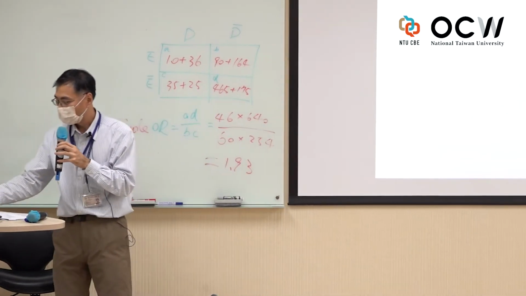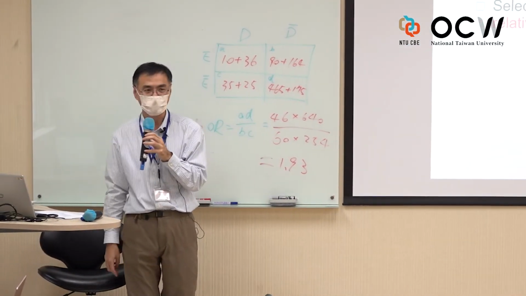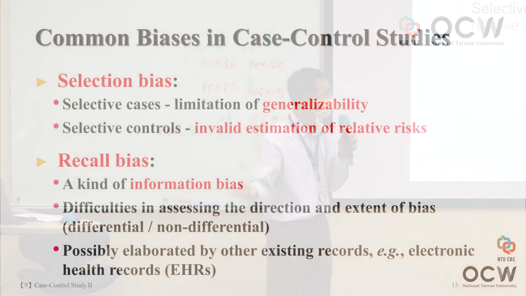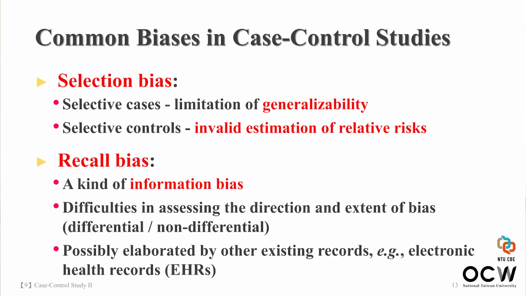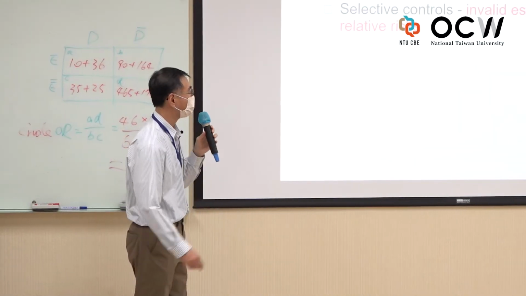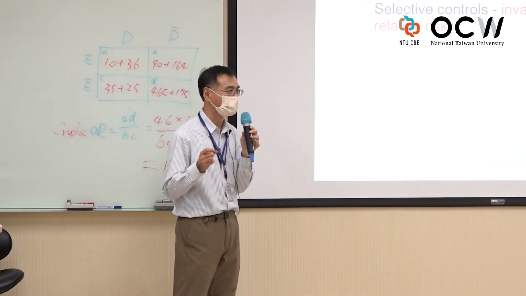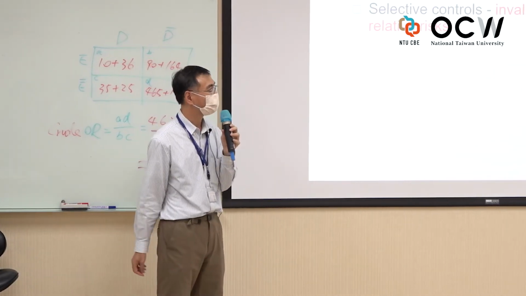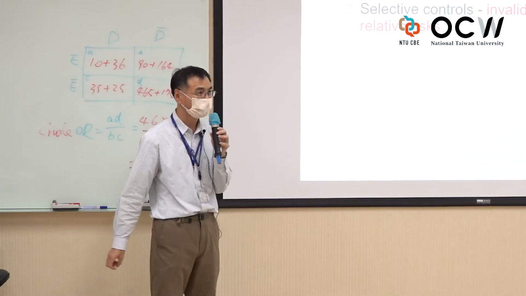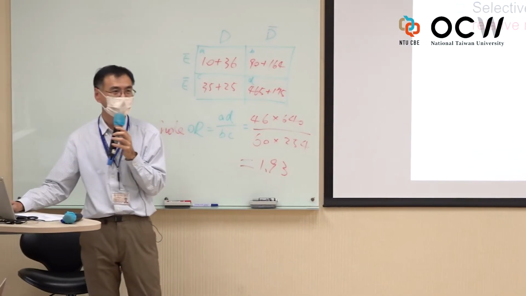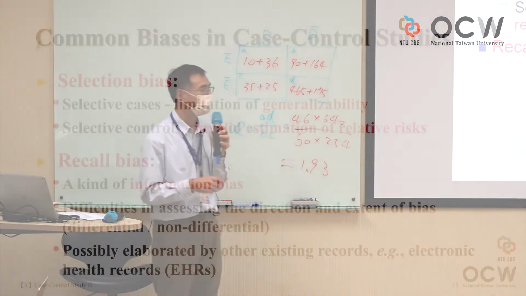But if the issue is selective controls, in other words, the controls were selected for some reason, then it will cause invalid estimation of relative risk, which is more likely to be selection bias. That's why I emphasize that selecting controls that are representative and non-selective is even more important than selecting representative cases, because selection bias is more likely to come from the control side.